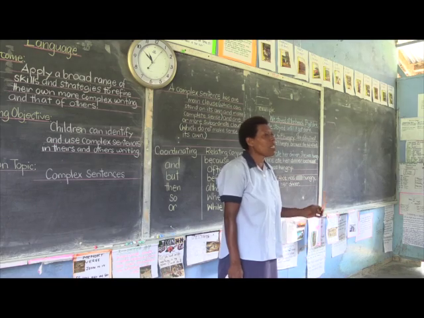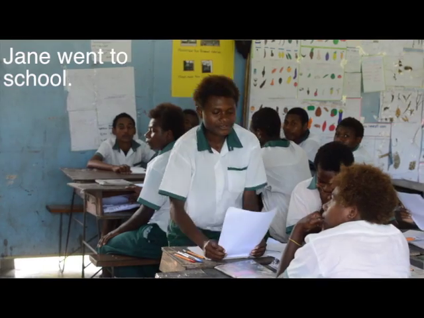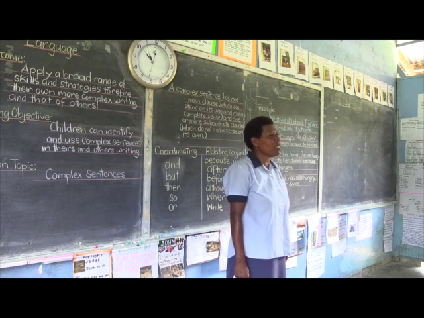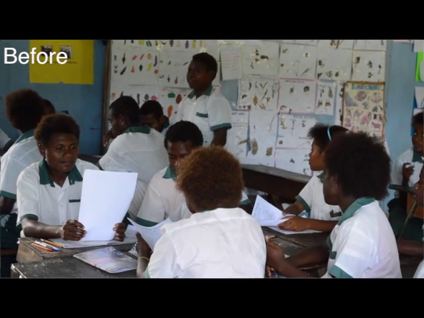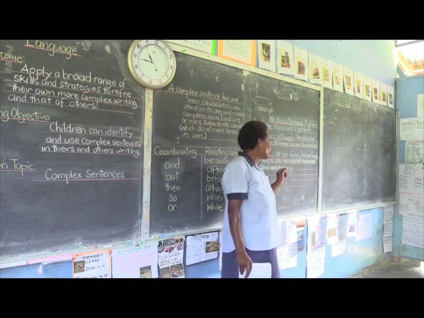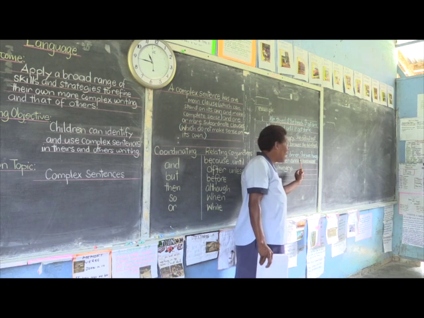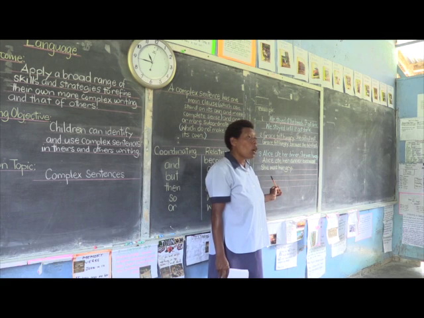Brian, what is the main thing that is happening? Jane went to school. Very good. What is the relating conjunction? Before. Very good. We can also use the relating conjunction at the beginning of the sentence.